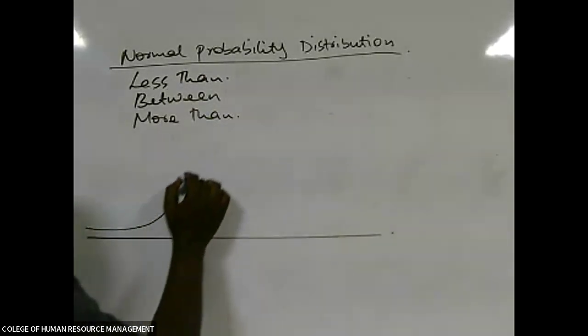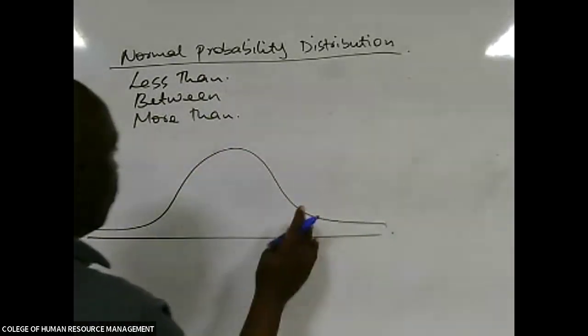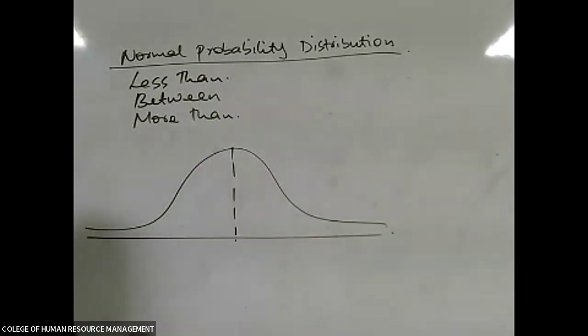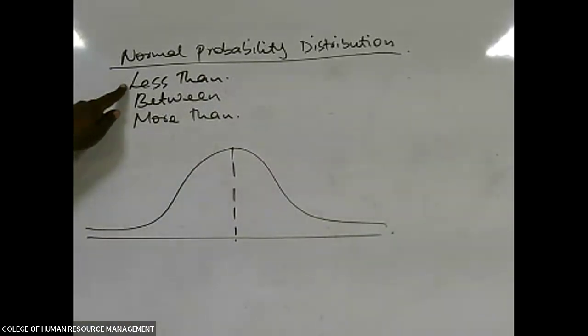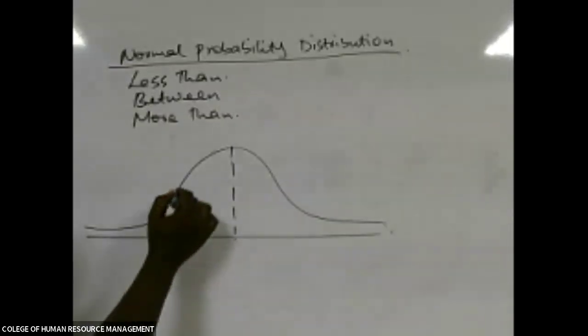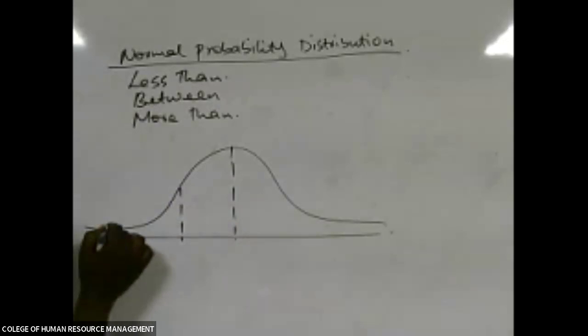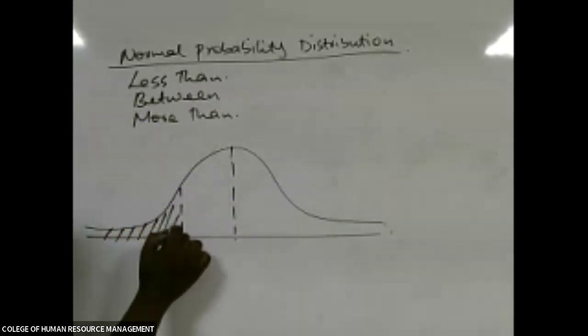So when we go to the question, it's going to be very easy for you to understand. We said the normal curve is going to be like that. This is the center. If you are asked anything to do with the probability that the mean is less than 30, we are going to get the z-score. Our interest will be this area.